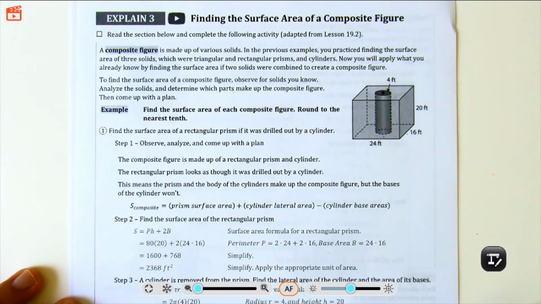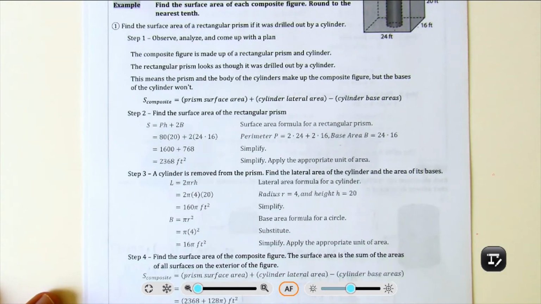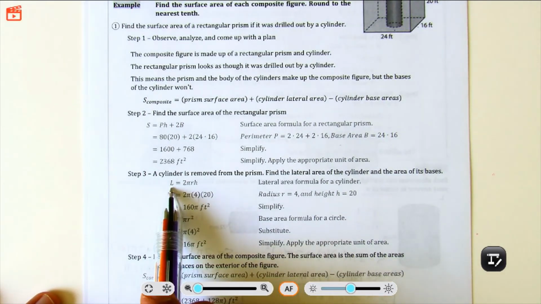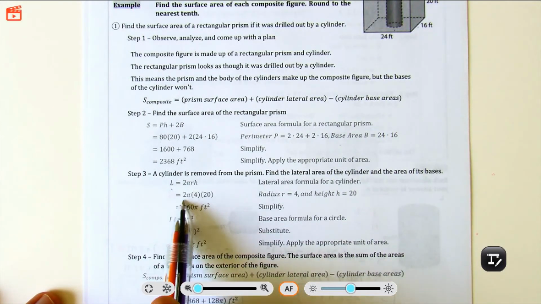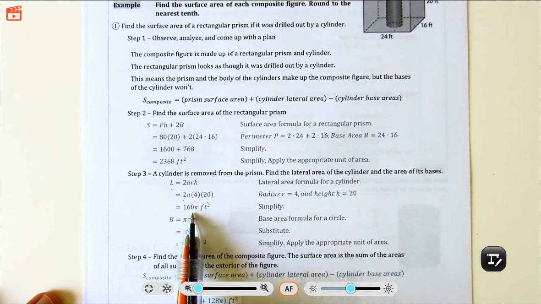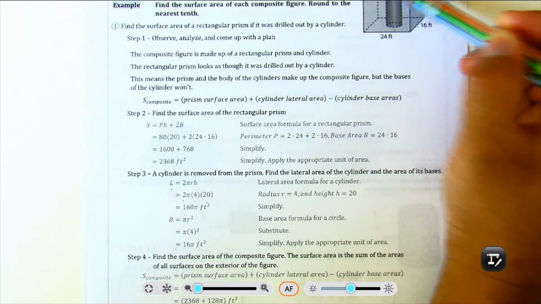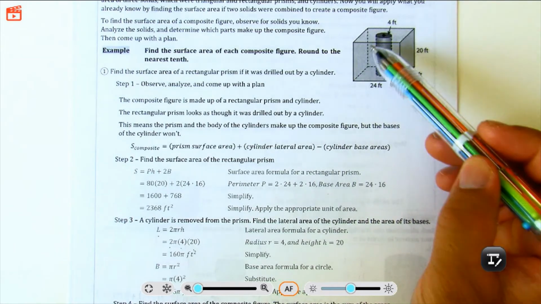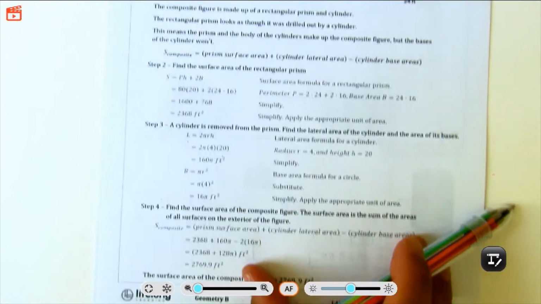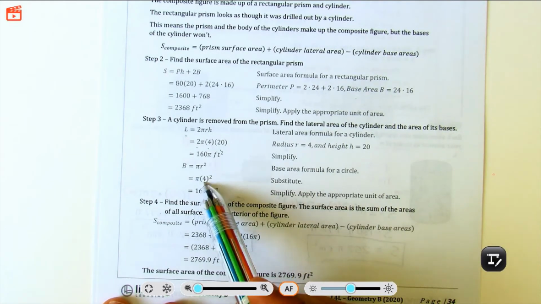To find the lateral area, we are using 2 pi rh, 2 pi times 4 times 20, and that ends up being 160 pi. To find the area of the base is pi r squared. So what they're doing here is showing you that the area of the base of the cylinder is pi times 4 squared, which is 16 pi for each one.